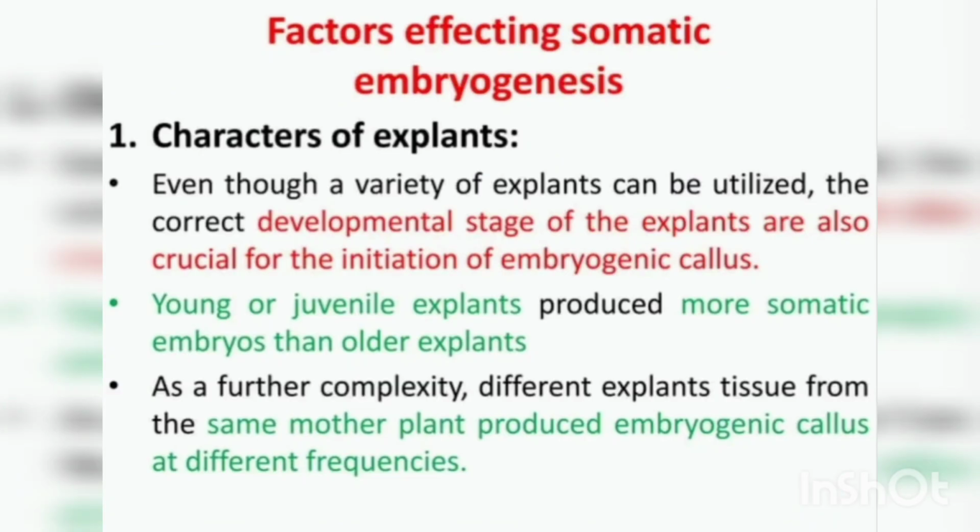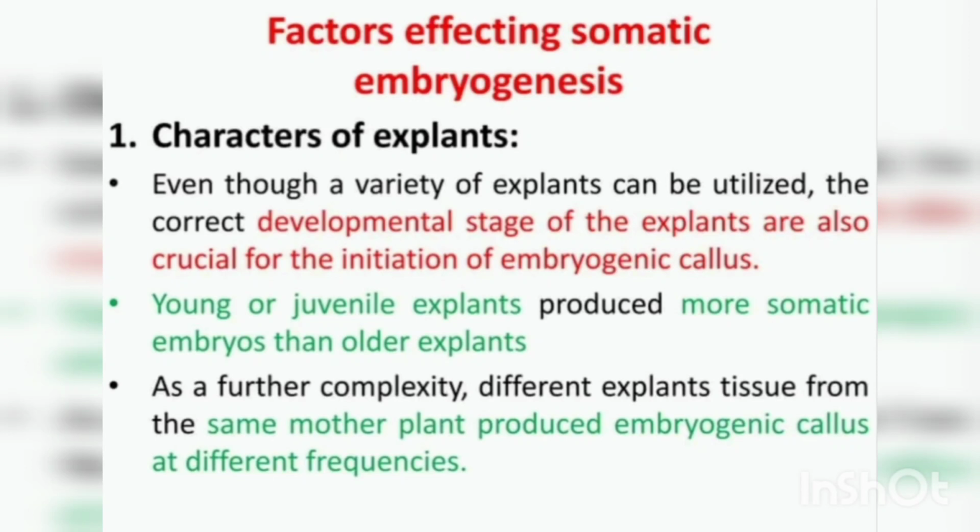Now let us see what are the factors affecting somatic embryogenesis. First factor is character of the explant. When we isolate tissue from young or juvenile plants, it produces more somatic embryos than older plants.